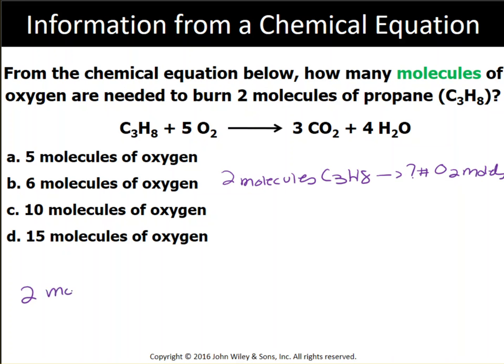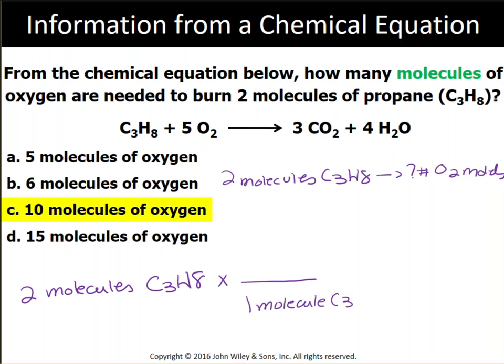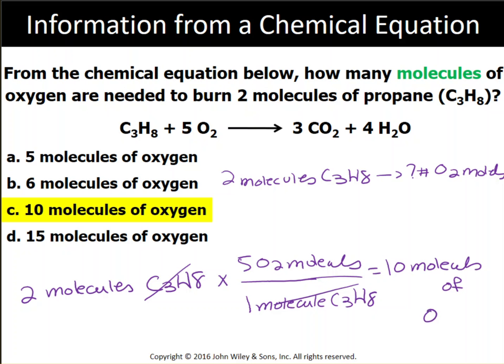Based on the balanced reaction, I can tell that each molecule of propane needs 5 oxygen molecules. So therefore, we're going to need 10 molecules of O2 to completely use up or consume the propane.